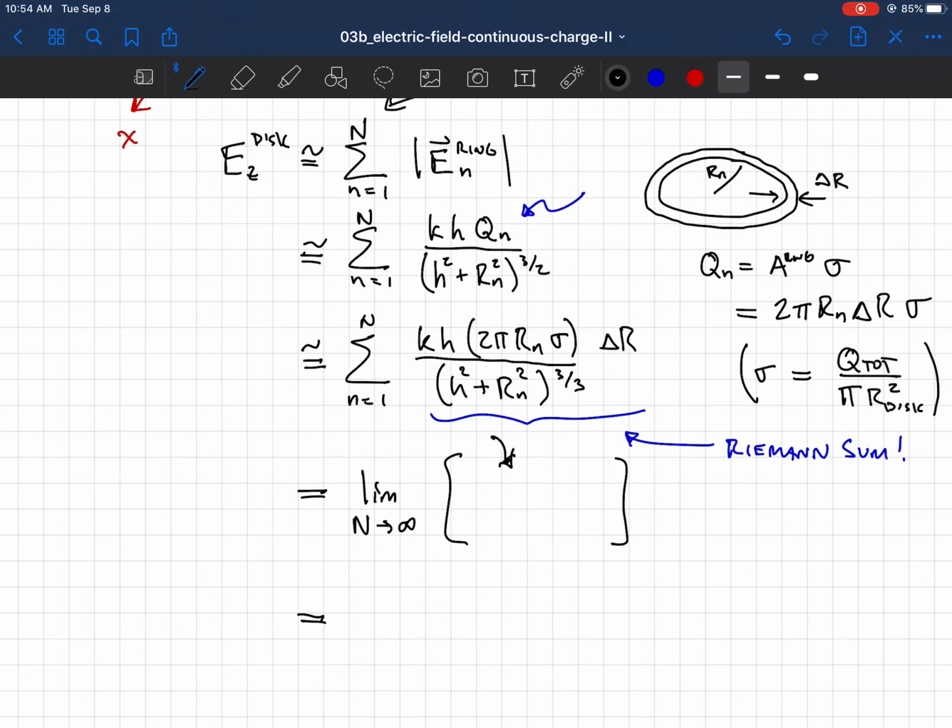And that limit has a specific symbolic notation associated to it, which is called the integral. So we have the integral, and now I need to write this function not in terms of r_n anymore, but in terms of r. So I have 2 pi sigma k h times r all over h squared plus r squared, to the 3/2. So I don't know how that could be 3/3. It's 3/2. And the delta r becomes dr.